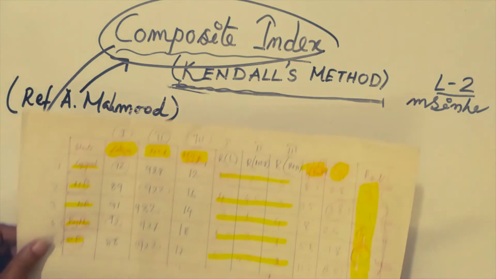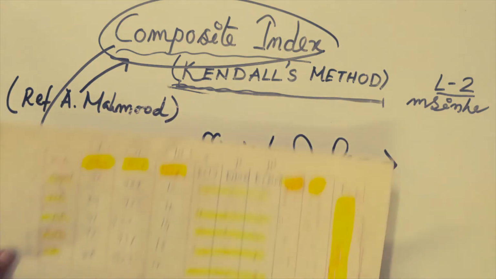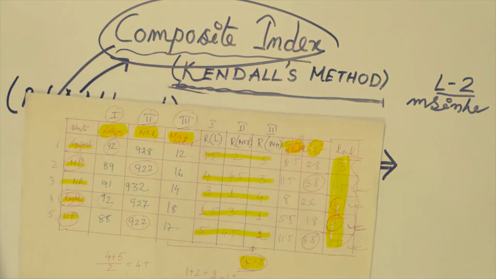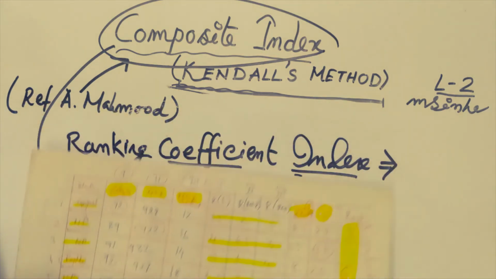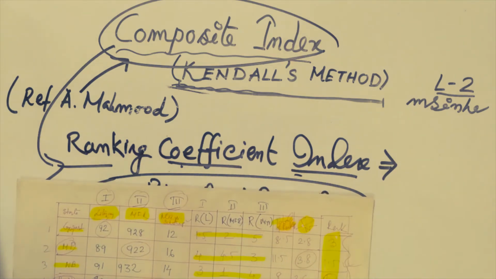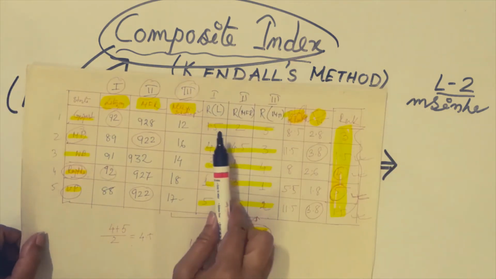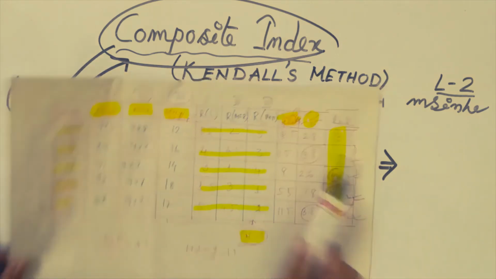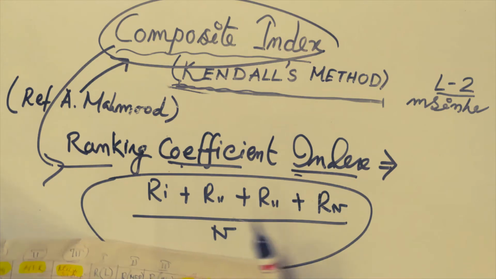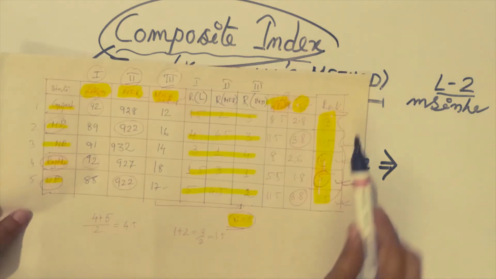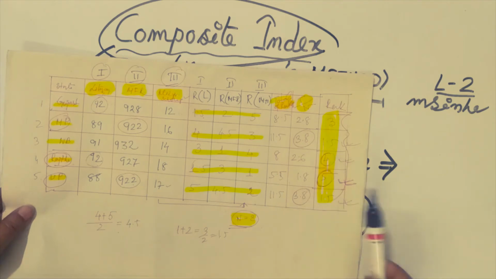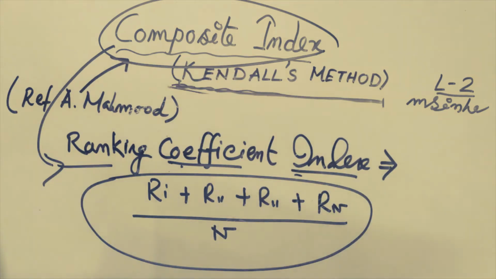It is a composite index because it is the composition of 3 individual values, but it is better to call it a ranking coefficient index. Here we add R1, R2, R3 and divide by 3, and this is the column of the ranking coefficient index. The formula is very simple.